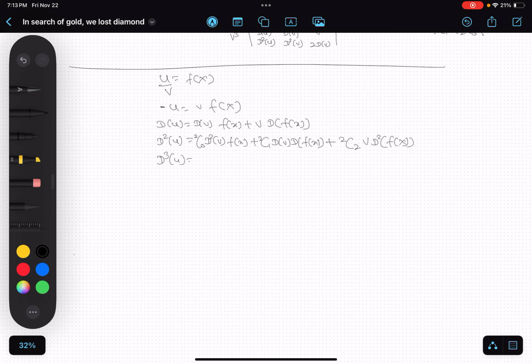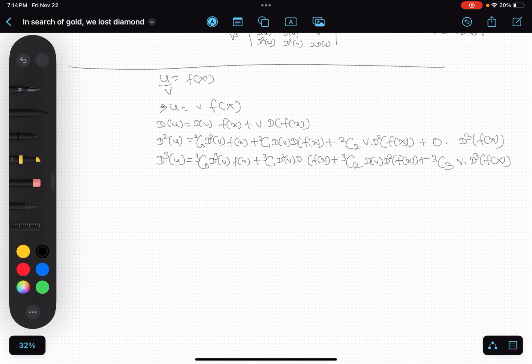And on this side, using the same Leibniz formula, this will just be 3c0, third derivative of b, nothing of f, and then 3c1, second derivative of b, first derivative of f of x, right? And then 3c2, first derivative of b, second derivative of f of x, and then 3c3, just b, and then third derivative of f of x, right? And as usual, I can make this 0 times the third derivative of f of x, right?